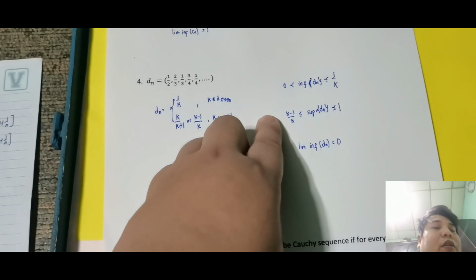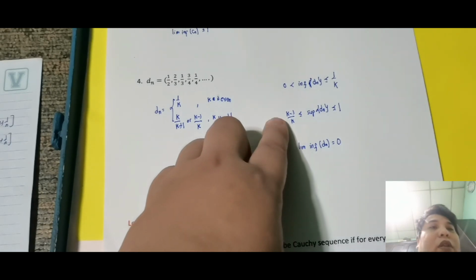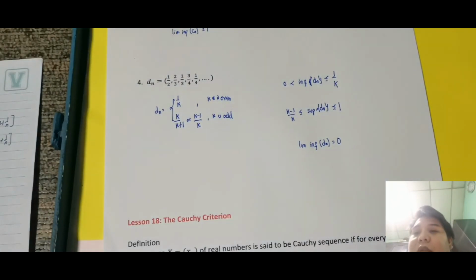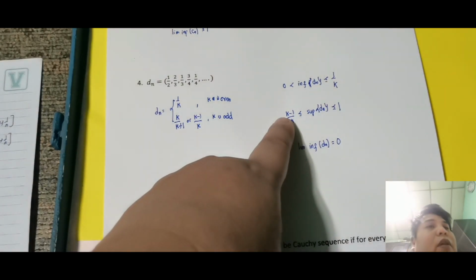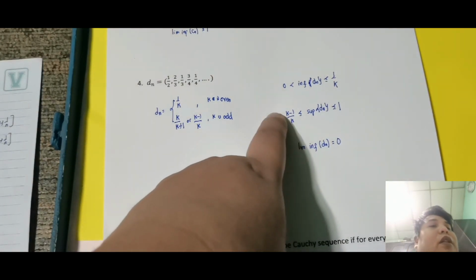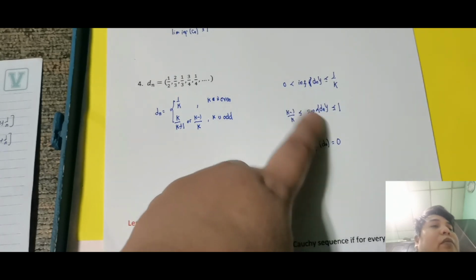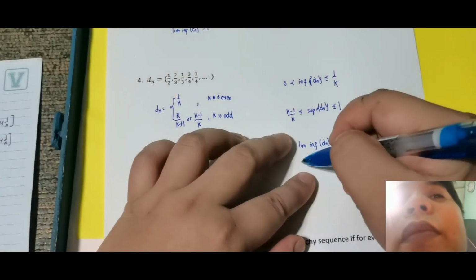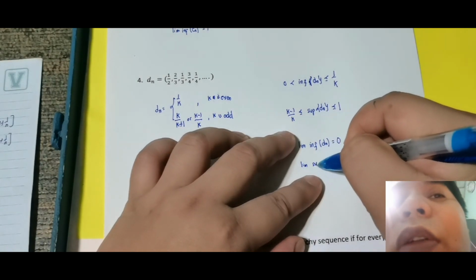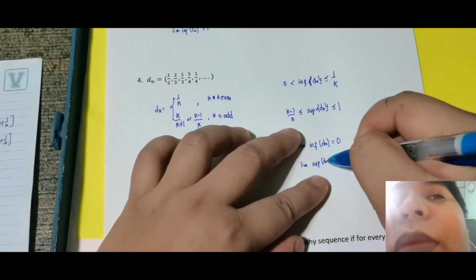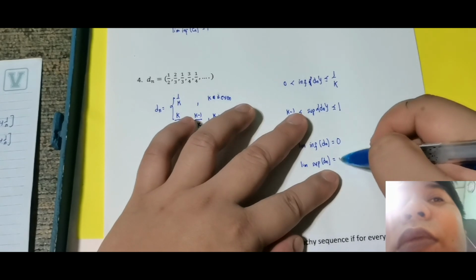Ito, apply ko yung limit dito, as k approaches infinity, divide ko both sides by k. That is 1 minus 1 over k over 1. So, that is 1. Okay, so by squeeze theorem, yung limit superior ng d sub n natin is equal to 1.